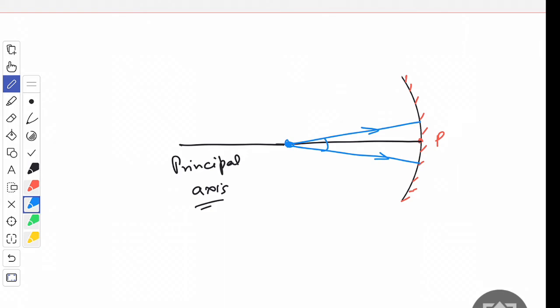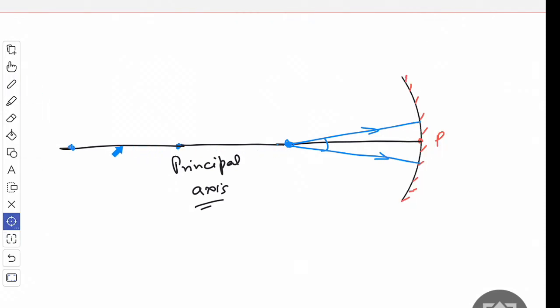Now if the object is moved from here to, let's say, here, right? So now the object is here, and then in the next case I move the object here. As the object is moved from here to here to here, what happens again? Let's say there are two rays coming to the same point, right?